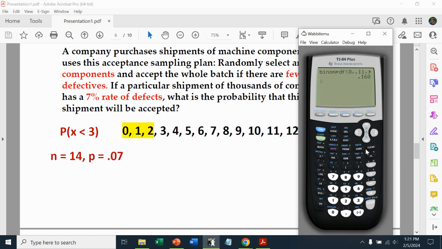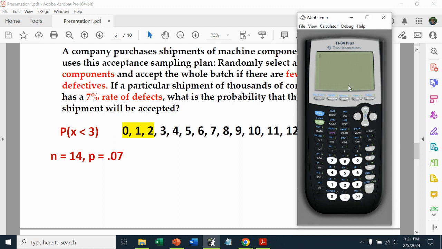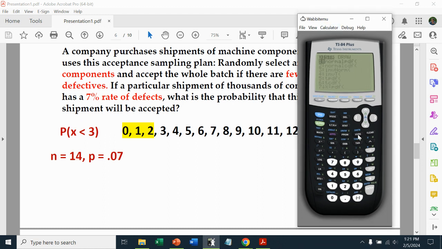Go back to my calculator, I clear this off. I go back to second function, hit my vars key, and now I'm coming down to not binomial PDF, but binomial CDF. The C in CDF stands for cumulative. What's it going to do for me?